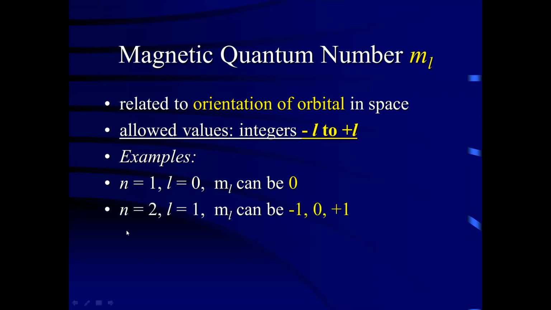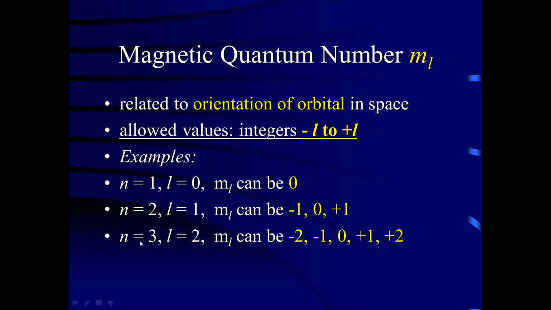When n is equal to 2, L can be 0 or 1. If L is equal to 1, then m_L can be from negative L to positive L, that means from negative 1 to positive 1, and also can be 0, right?